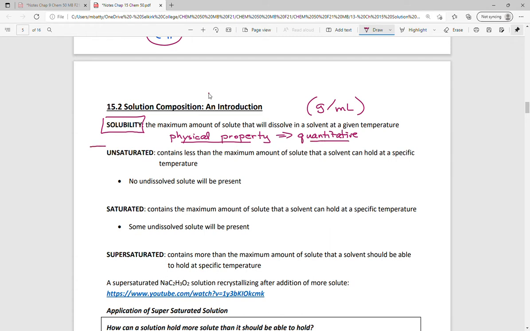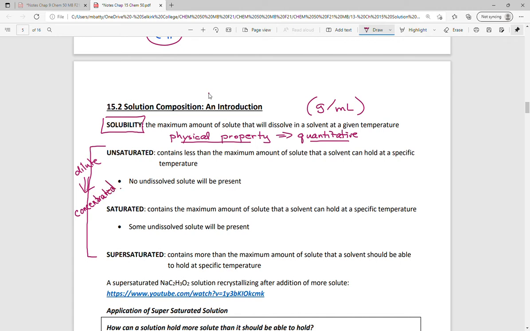So down here we have kind of the gradation from unsaturated to supersaturated. We could talk about also there's a bit of a gradation from dilute down through to concentrated. And that doesn't totally correlate with these other words.